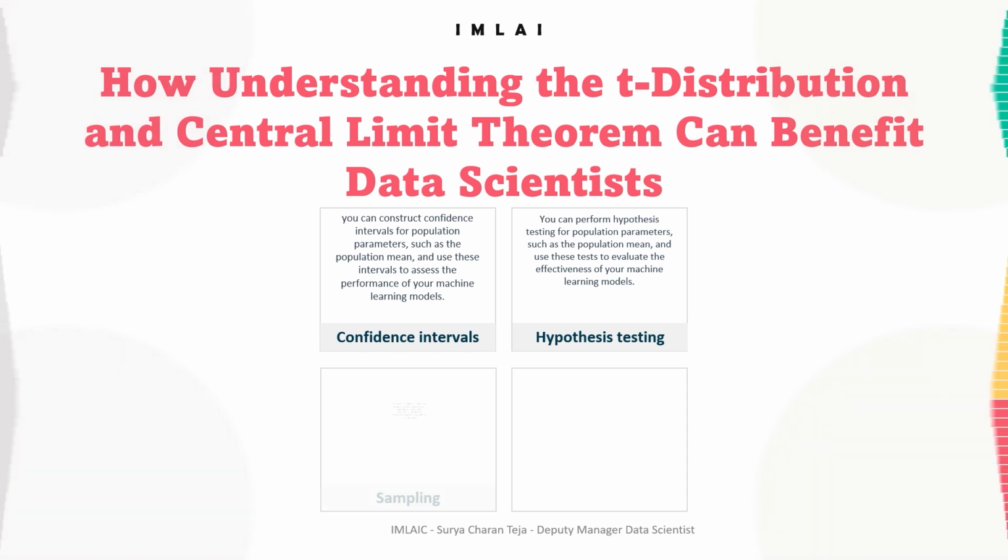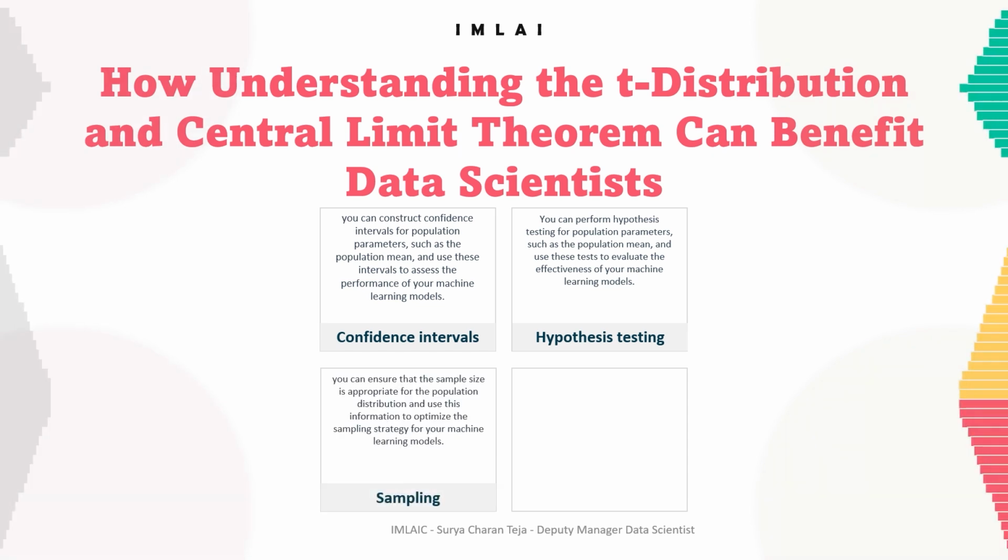Then the most important one, that's sampling. Sampling is an important step in machine learning where a subset of the data is used to train and test the model. By understanding the t distribution and the central limit theorem, you can ensure that the sample size is appropriate for the population distribution and use this information to optimize the sampling strategy for your machine learning model.